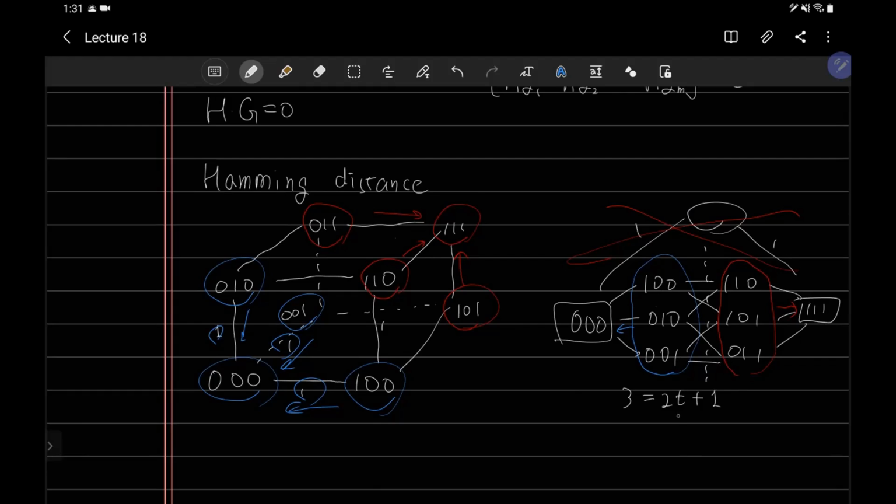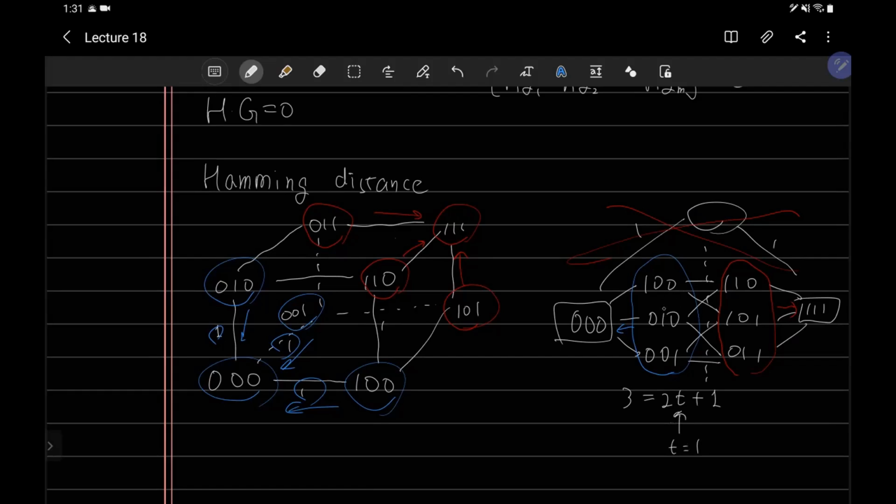So what this really implies is that t means the number of allowed errors you can correct. For this case, because t is 1, that means we can correct only a 1 bit error.